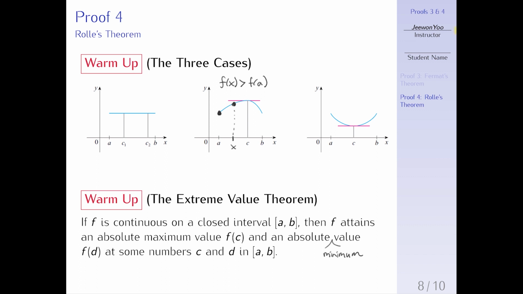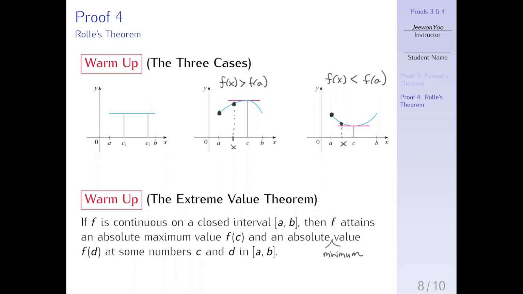The third case of the proof is almost the same as the second case, except that when we are assuming the x in between a and b, the y value is lower than the y value of f of a. So we are assuming f of x is less than f of a, in which case this f of a cannot be a local minimum or absolute minimum because this y value is higher than this y value.